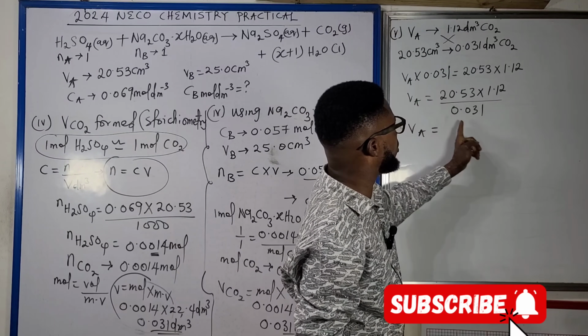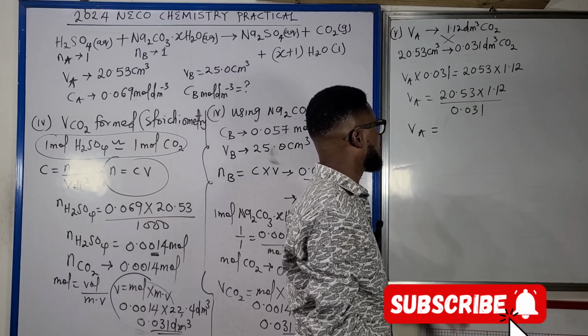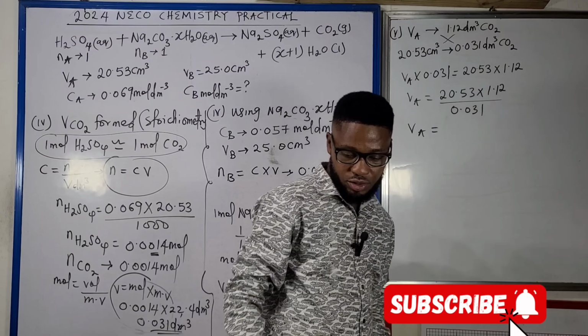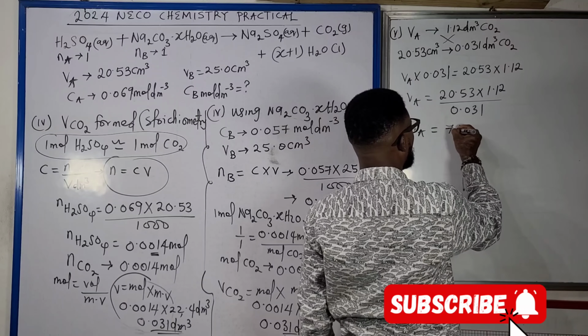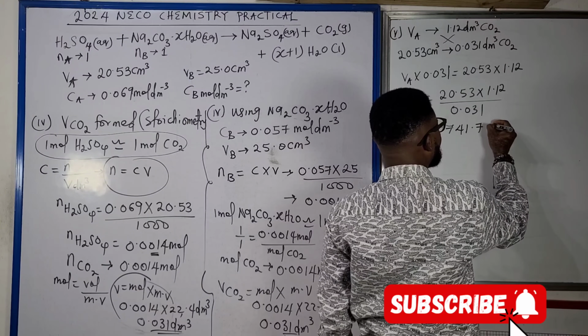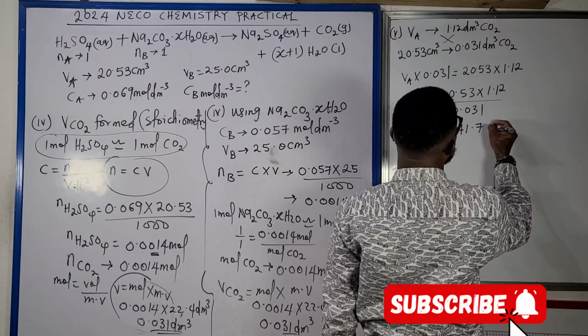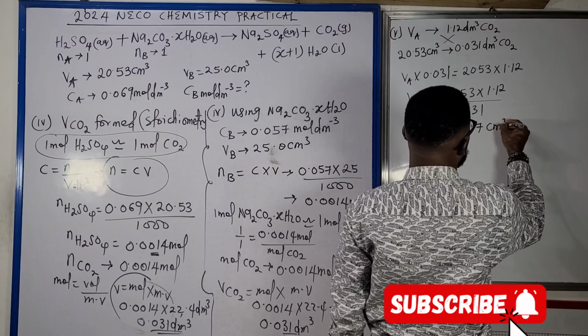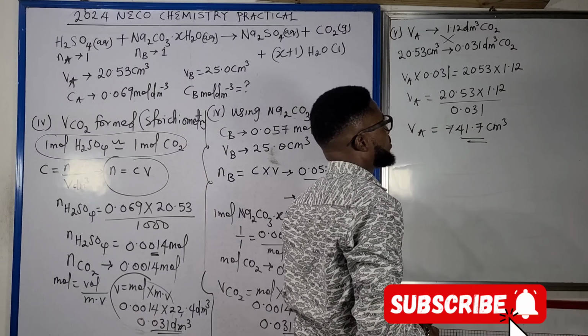So this is going to come as the divisor. So if we compute this from our calculator, this will give us 741.7 cm cube. Yes, 741.7 cm cube.